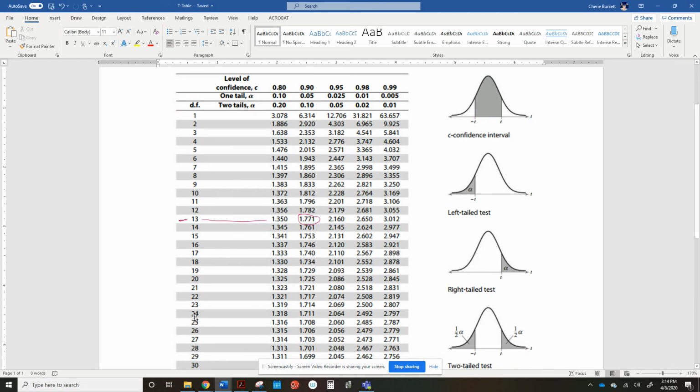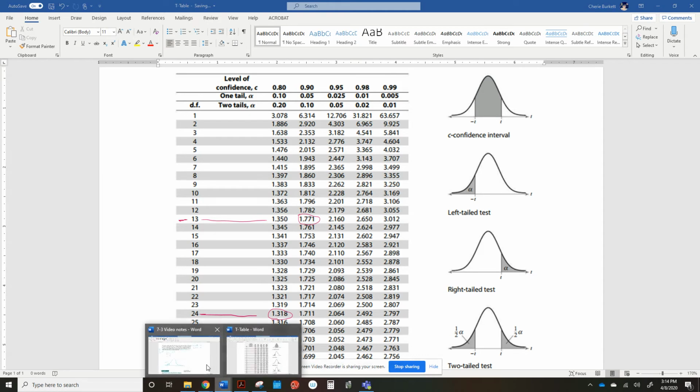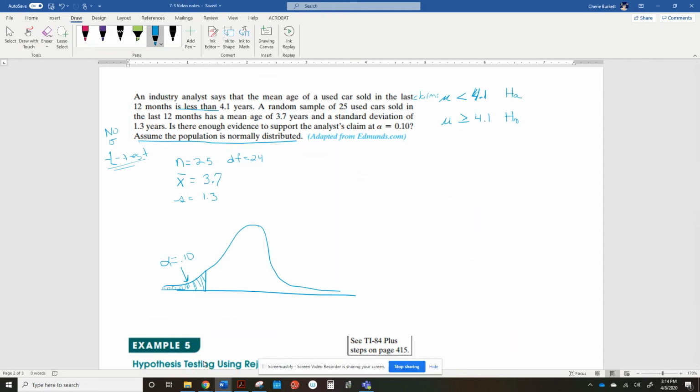So go down to 24. Here's 24 degrees of freedom right here, and it's the one tail test. So remember, it is a left tail test, so we're going to write down negative 1.318. Remember, this is our critical value.